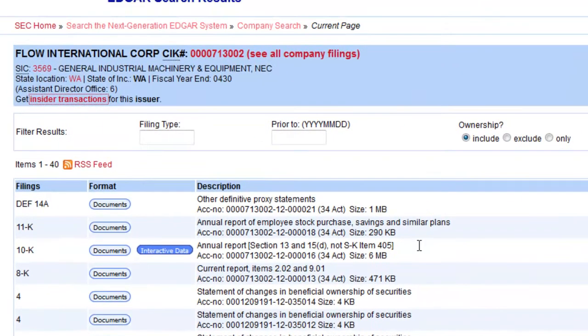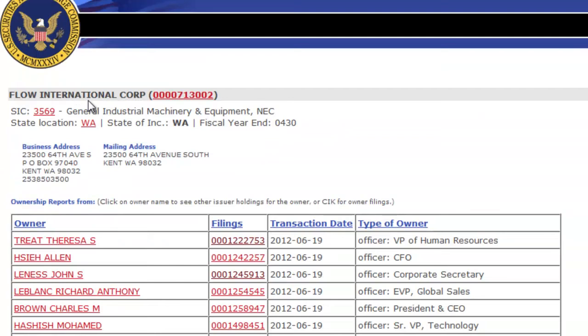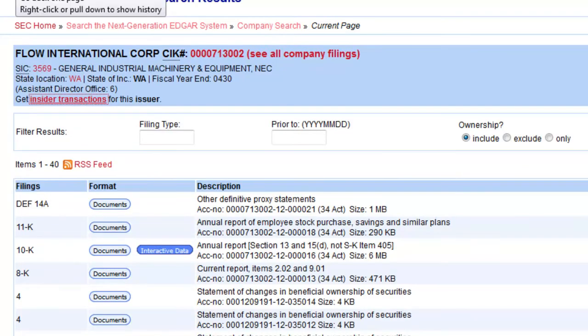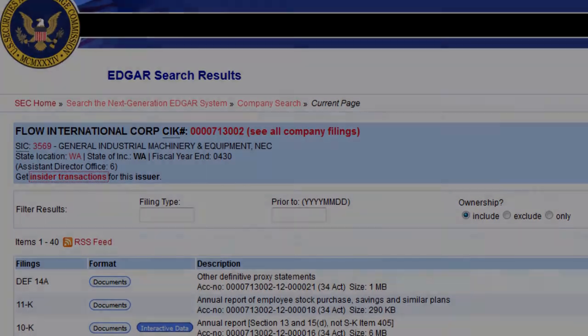So this is just a little neat thing that you can find beneficial, and you can also find out other people that are part of the company, whether they are a director or a president or CEO or CFO or any other title. So that's just something that I thought is beneficial for you to know.